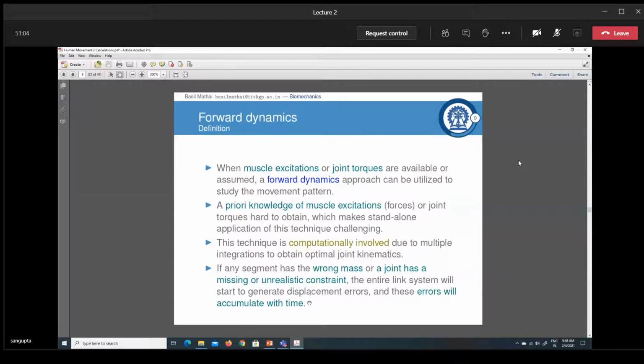So you have to be careful with the masses and the constraints that you used in an entire link system. Basically, you have to look at it from the point of view as a kinematic link mechanism. The whole musculoskeletal system comes down to a more mechanical system containing links and joints.